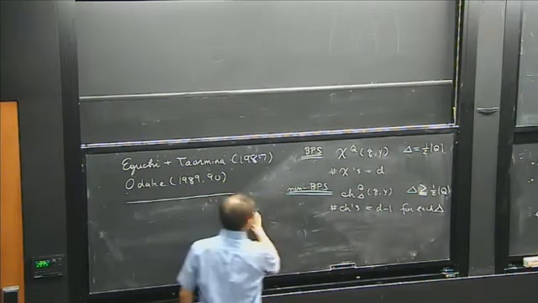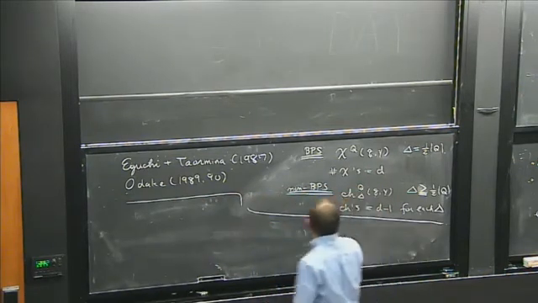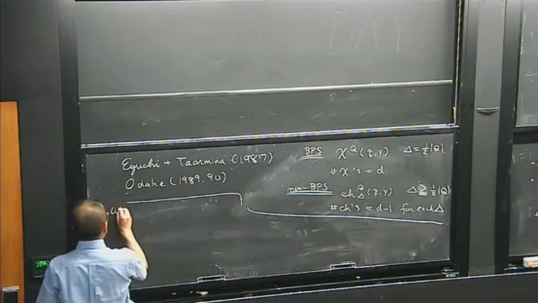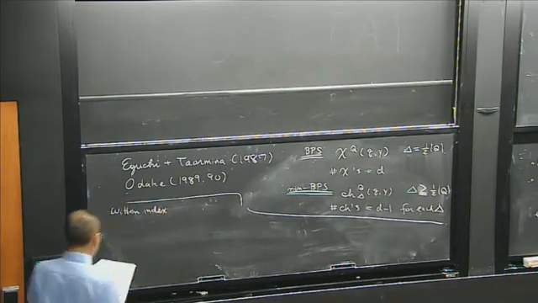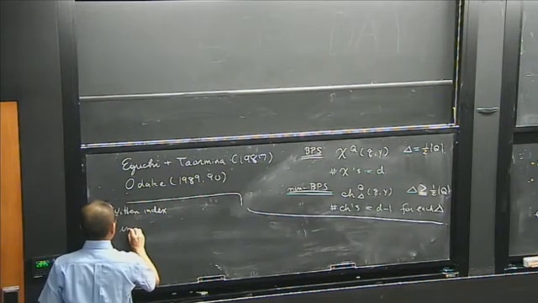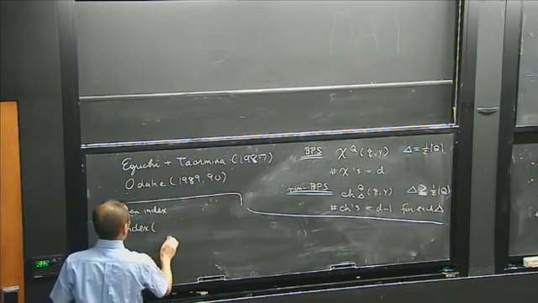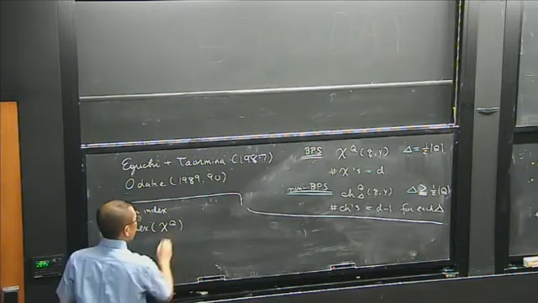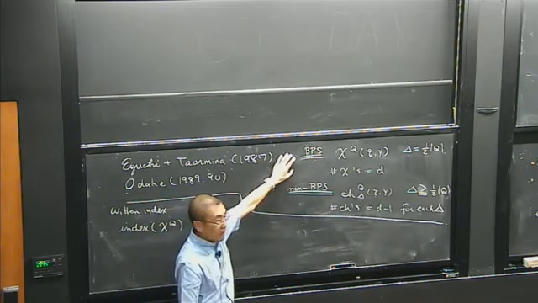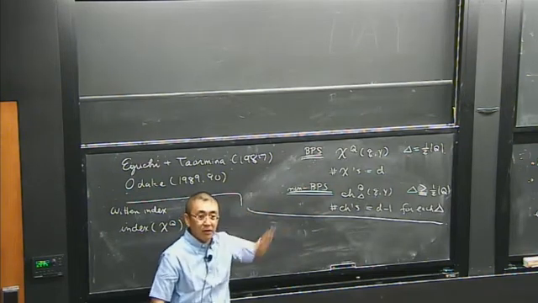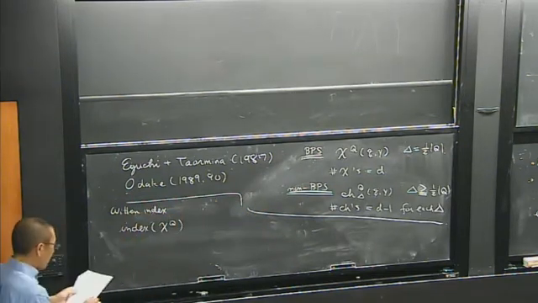There is a Witten index you can compute. If you compute the index of χ of Q, obviously the non-BPS one doesn't have a Witten index. This one has a Witten index in the sense that if you go to the Ramond sector and count the number of ground states, you can compute the index.